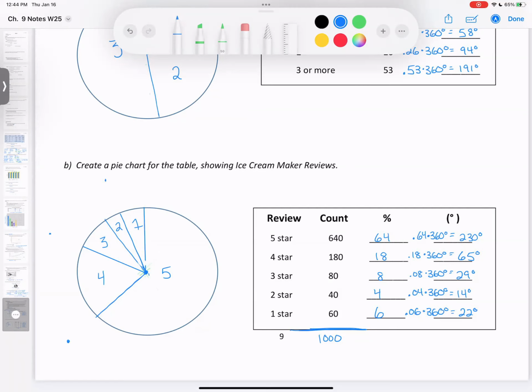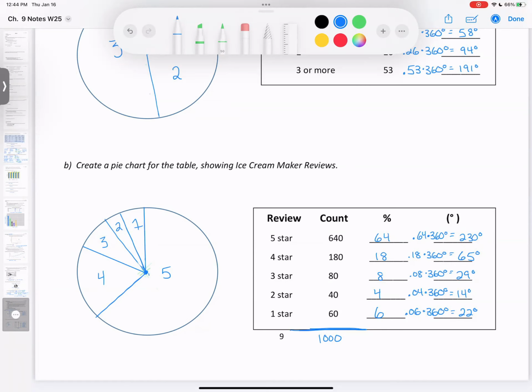By the way, if you want to add some color in here, you're welcome to. You can make each of your wedges a different color, but it's not necessary. And okay, so we've done everything. We've labeled our wedges. The only thing we haven't done yet is title this. So this is going to be like the number of stars in Ice Cream Maker reviews.